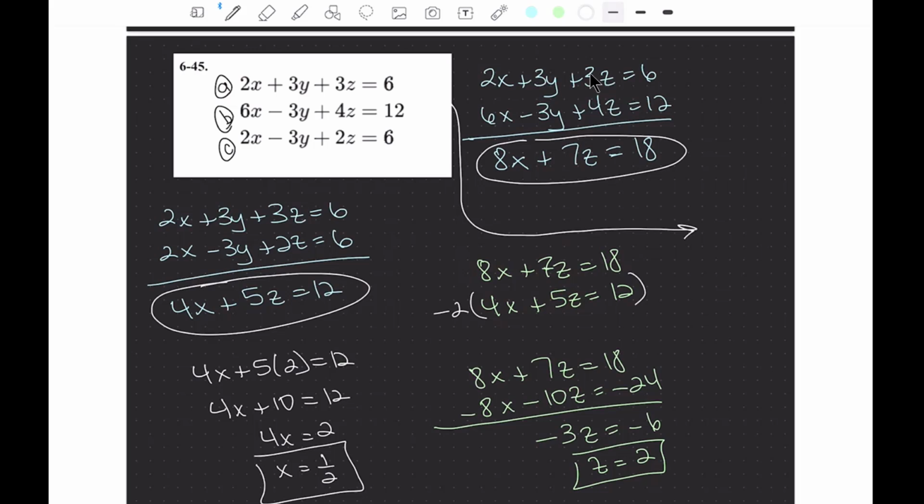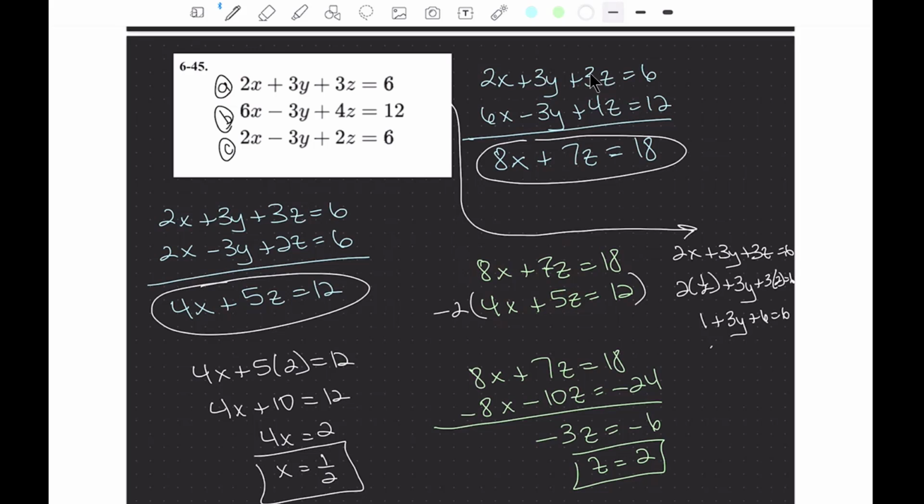So 2x plus 3y plus 3z equals 6. So 2 times 1/2 plus 3 times, we don't know what our y is, plus 3 times 2 equals 6. 2 times 1/2, that's going to get us to 1, plus 3y plus 6 equals 6.